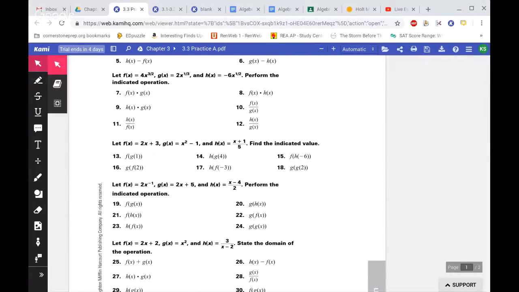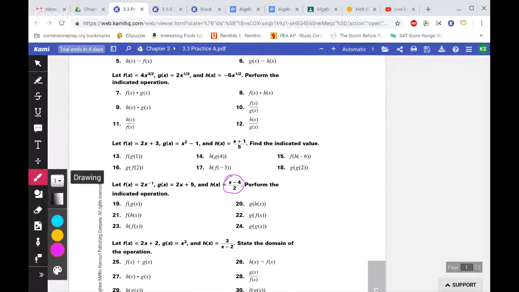So perform the indicated operation. What you're going to do is figure out what h of x is first. But obviously, it's already defined as h of x. So what we're going to do is plug this into here. That's going to look like 2 times (x minus 4) all over 2, plus 5. Did I plug everything in right? These are ones where you want to go back and double check your work and make sure that you plug everything in.